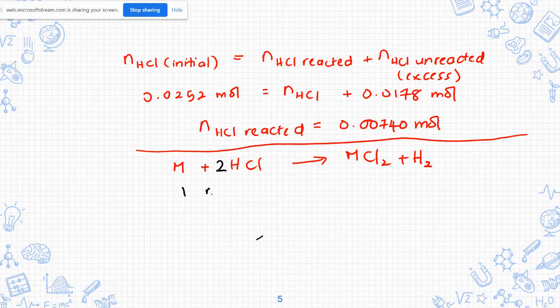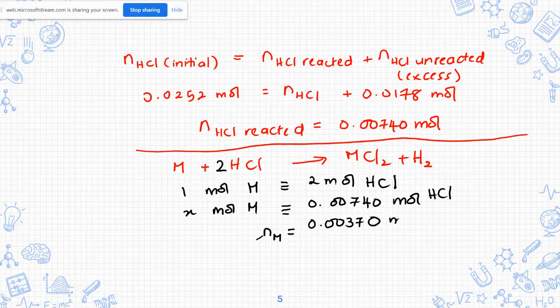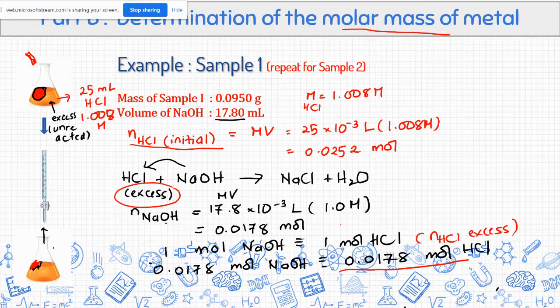So 1 mole of M reacts with 2 moles of HCl, and our HCl just now was 0.00740, and you can get the number of mole of M. If you calculate, the number of mole of M will be 0.00370 mole.